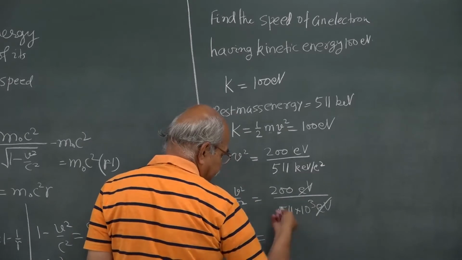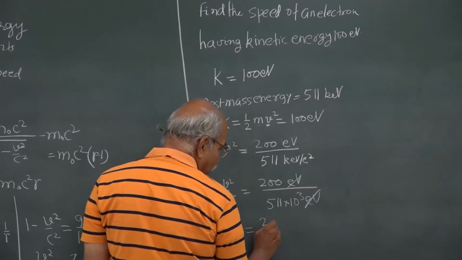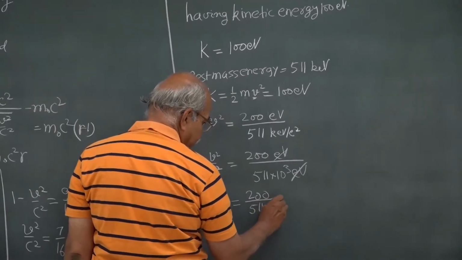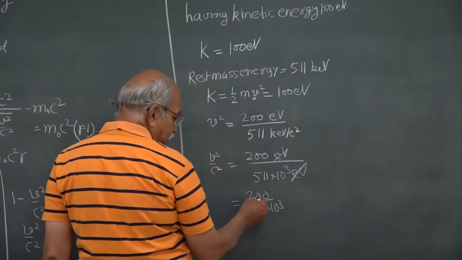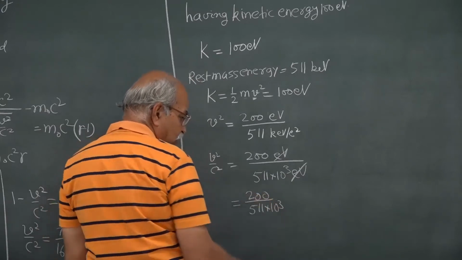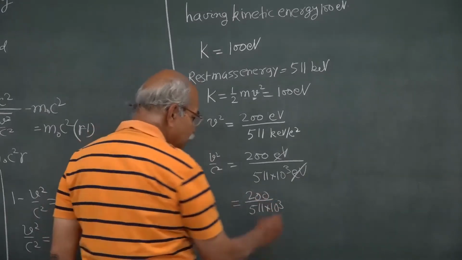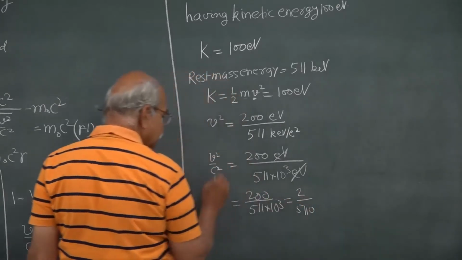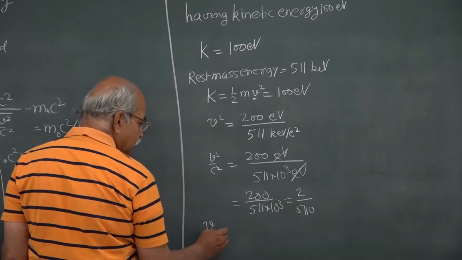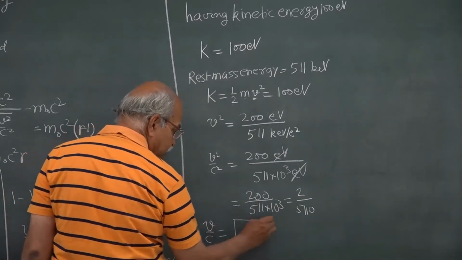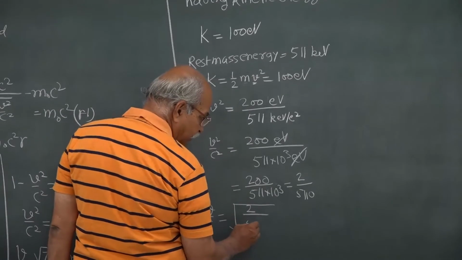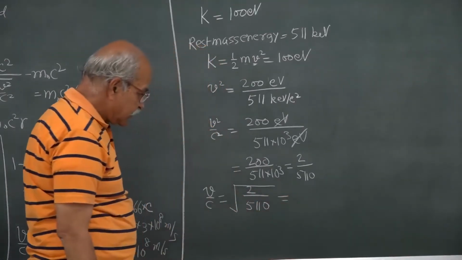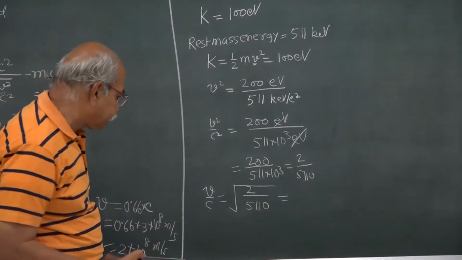Now you can solve it, 200 by 511 into 10 power 3. You can cancel 100 if you so wish. It is 2 divided by 5110, and from here you get v by c, which will be the square root of 2 by 5110, and you can work out how much it is.